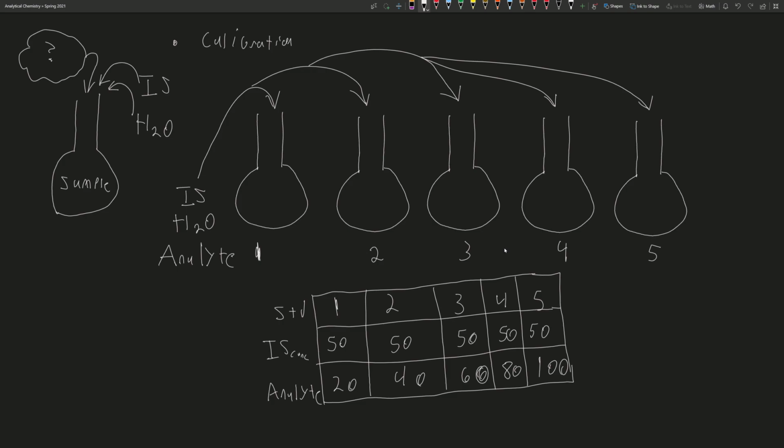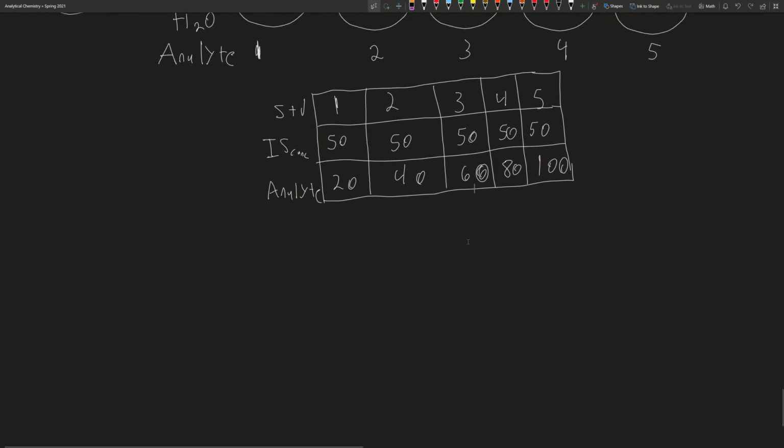So what happened was we put the same quantity of our internal standard into each of our calibration standards while we varied the quantity of our analyte. What is this going to do when we run our graph? Well, if we graph this, let's say that my analyte will be this line right here.